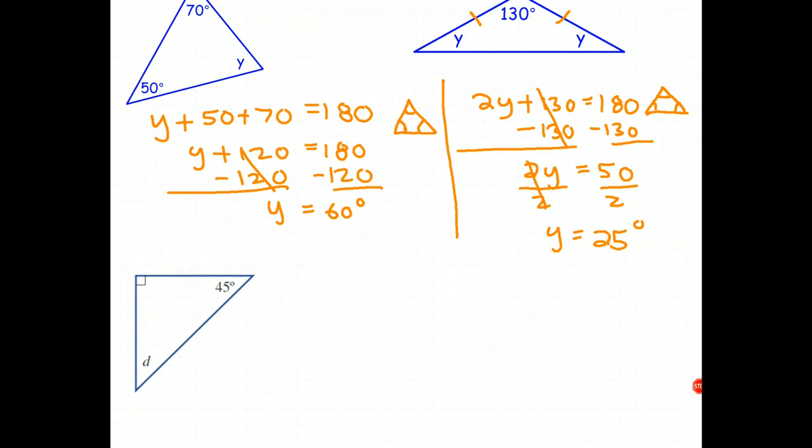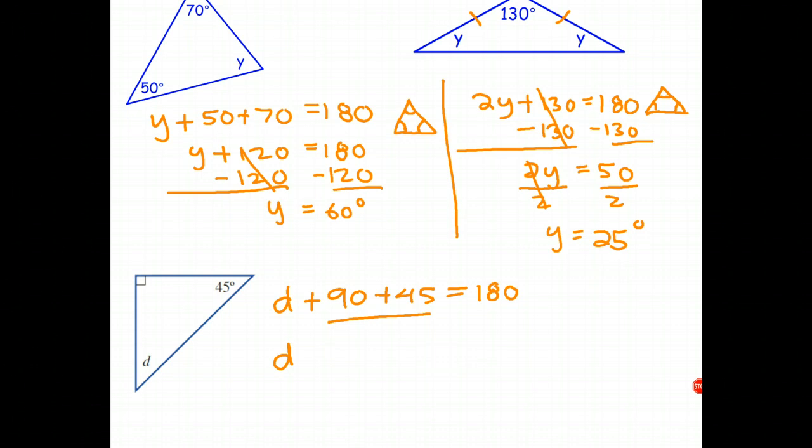Okay, welcome back. Let's go ahead and do the working out for this. So I know that these three angles all add to 180, so I can write D plus 90 plus 45 adds to 180. 90 plus 45, I can simplify that.